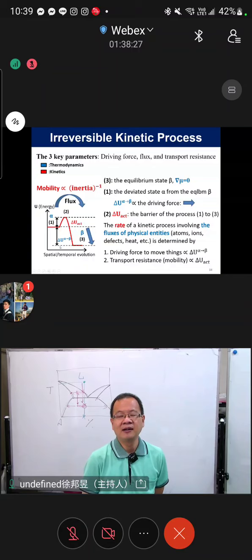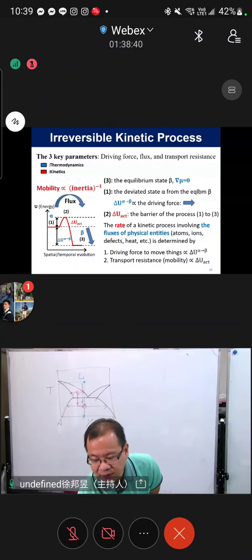That means alpha and beta cannot change in themselves. But atoms try to move from alpha to beta, so the diffusion happens, defined by the energy difference here and here, between alpha and beta, between 3 and 1.